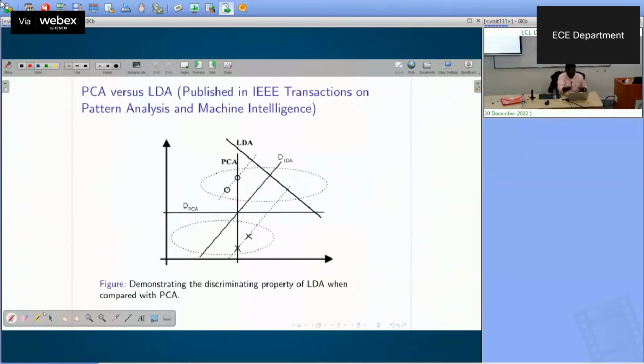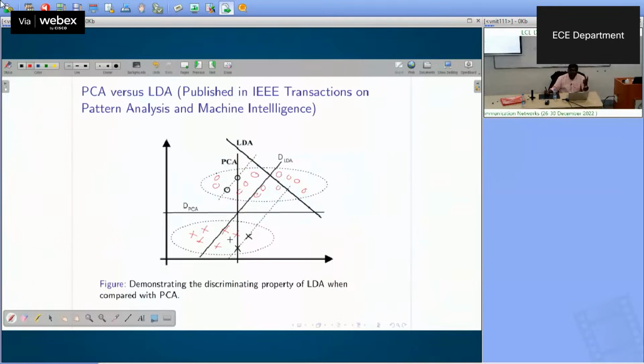For example, this is the example given in that paper. Here we expect the circles to be available in this ellipse. These are all the contours of a Gaussian, so we expect 2D vectors to be there for this class, and similarly for the crosses.